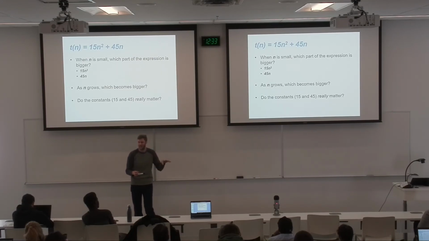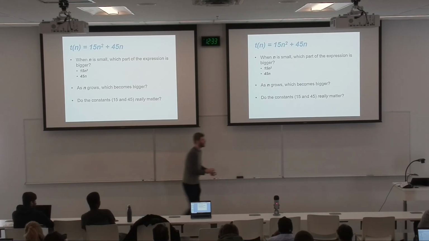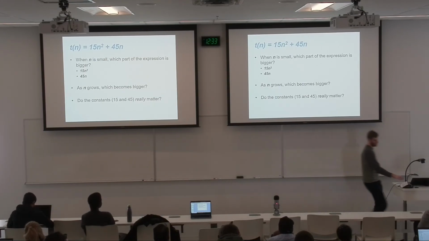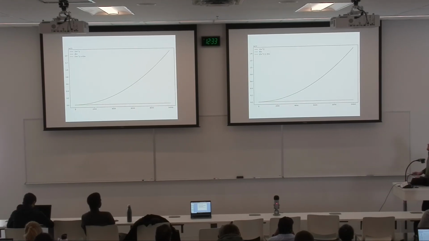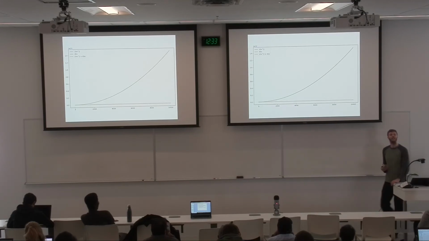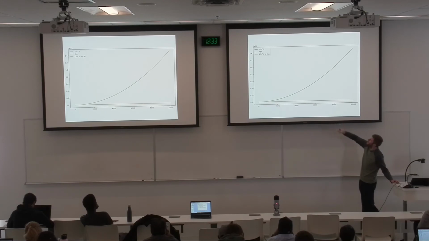It's like stuck, right? So imagine for a second, we go back to this plot. I've plotted 15n squared. What's the shape? I didn't draw it here. At no point is n squared plotted. 15n squared and 15n squared plus 45n is plotted.